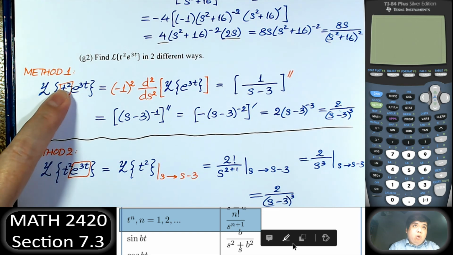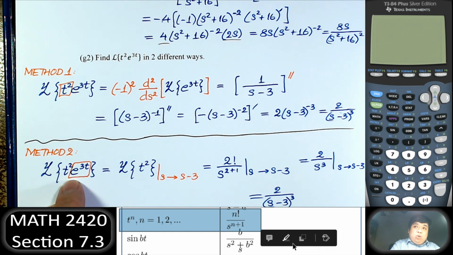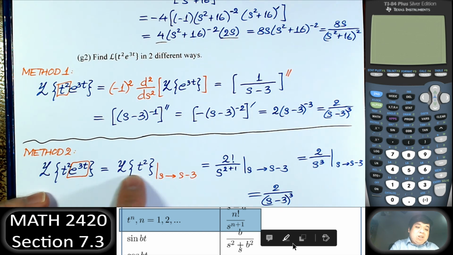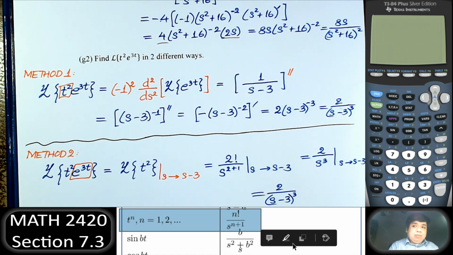We definitely need to know that when we multiply by e to the 3t and we try to transform a function that has e to the something t, just transform what's left of the problem, and then s becomes s minus a, where a is the coefficient of t in the exponent. So what we need in this section, of course, is that.